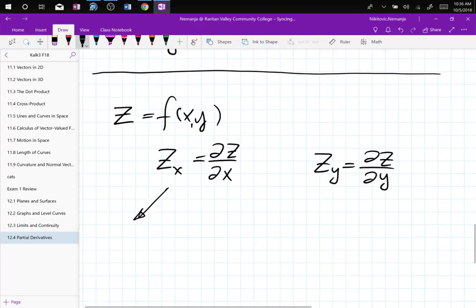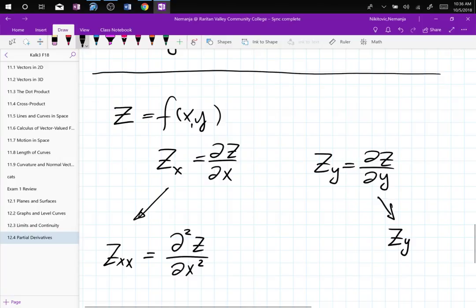Now from here, you can find zxx, which would be the second derivative, like this. And from here, you can do zyy, which is the second derivative.